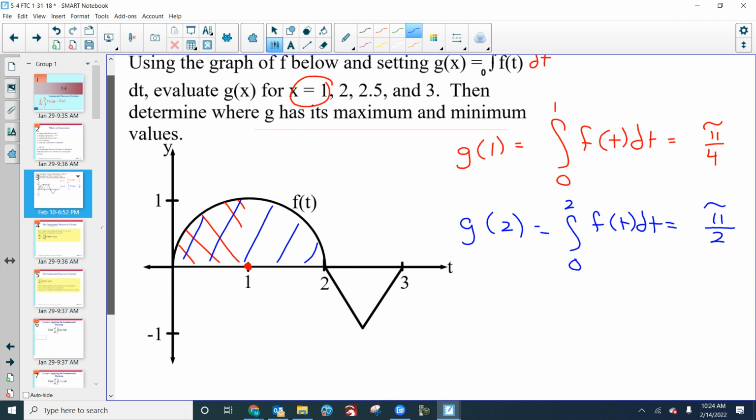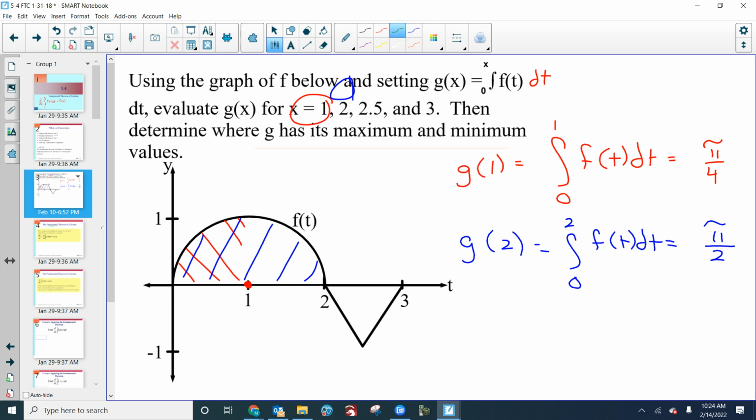Moving on. That was G of 2. G of 2.5. Integral from 0 to 2.5 of f of t dt. Well, wait a minute. What's going on now? G of 2.5 would be this green. This is 2.5 right here.